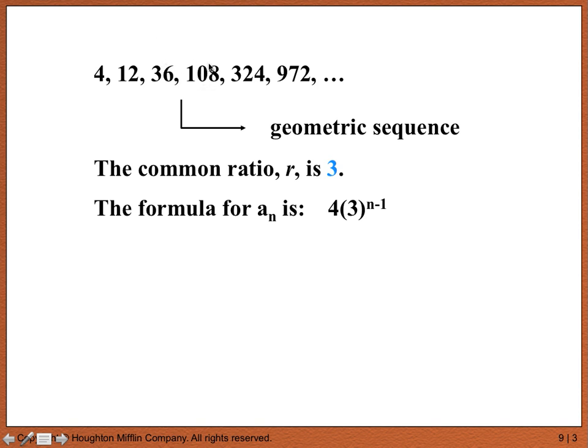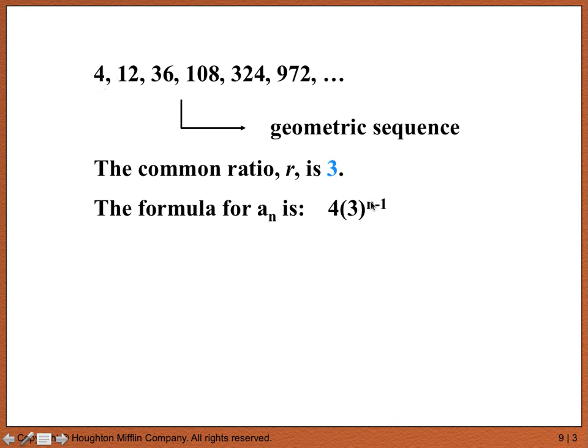Here it's 108, n equals 4; 324, n equals 5; 972, n equals 6. Just to keep repeating an important idea, the value of the term is not the same as its order.